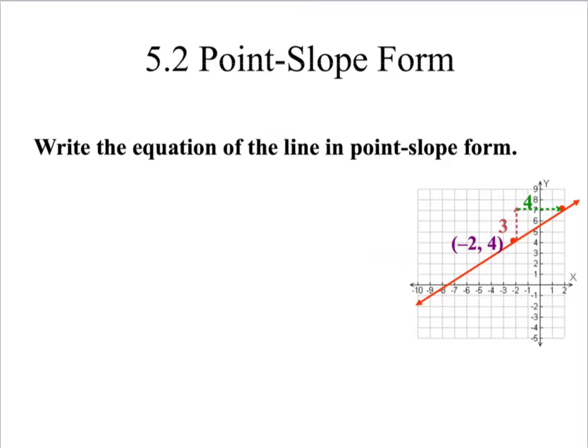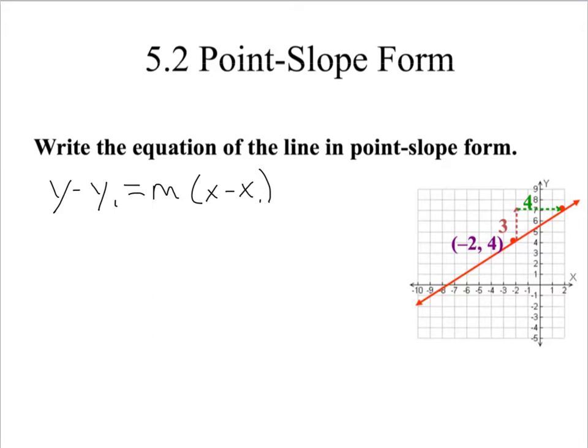Now, when we write the equation of a line in point slope form, the very first thing is to get used to writing point slope form. What is point slope form? It is y minus y1 is equal to m times x minus x1. So now we are going to plug in the information we know.